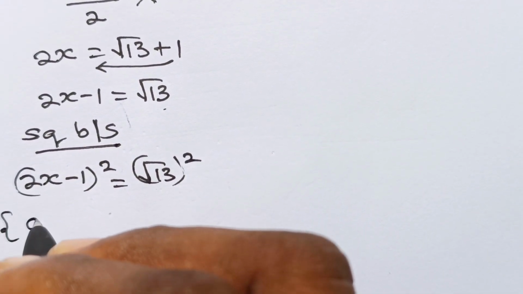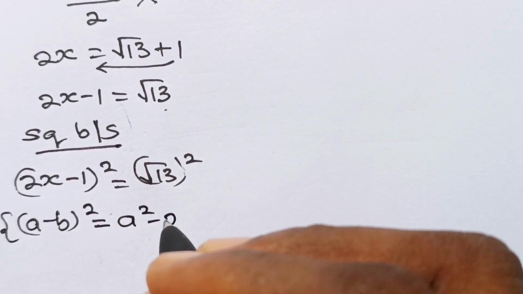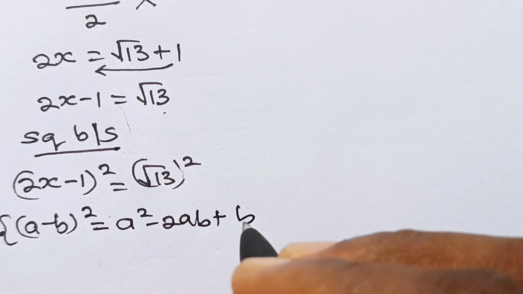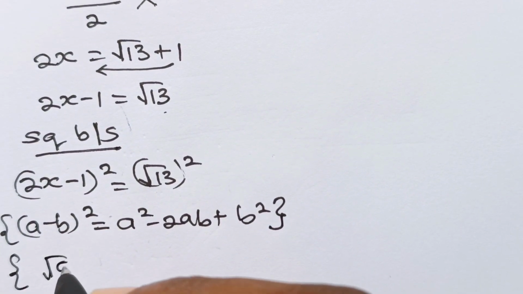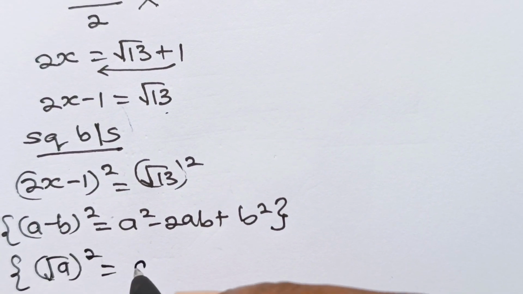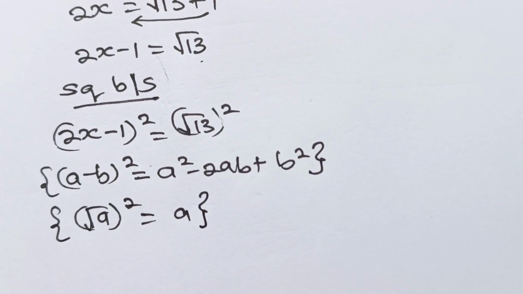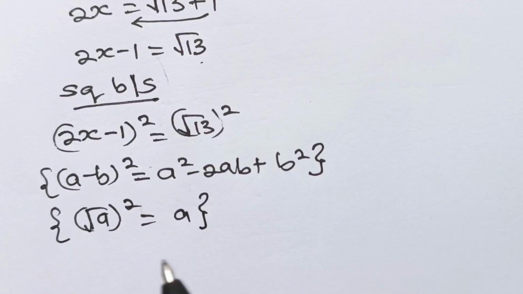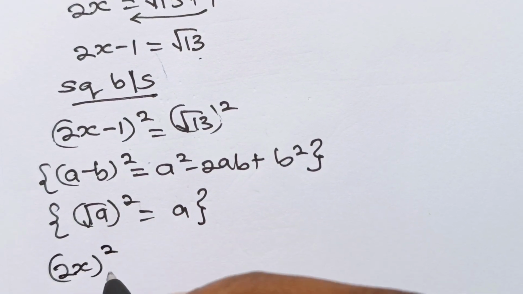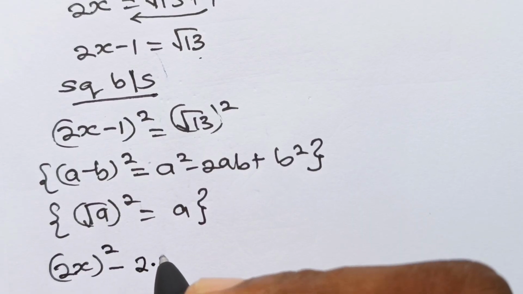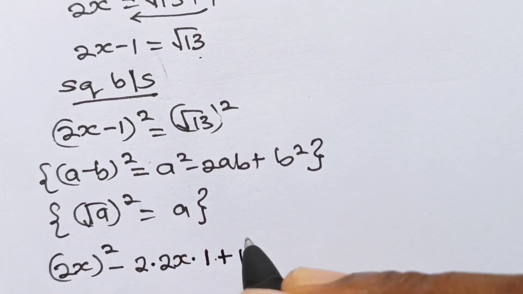So note that (a minus b) squared is equal to a squared minus 2ab plus b squared. Also, note that square root of a, squared, is equal to a. So using these two, or substituting them into this equation, we are going to have (2x) squared minus 2 multiplied by 2x multiplied by 1 plus 1 squared.